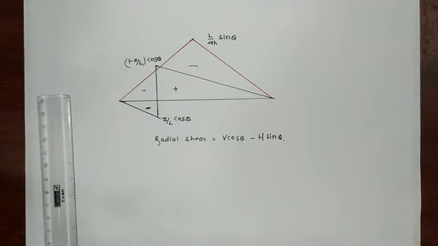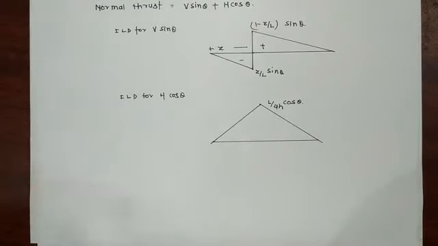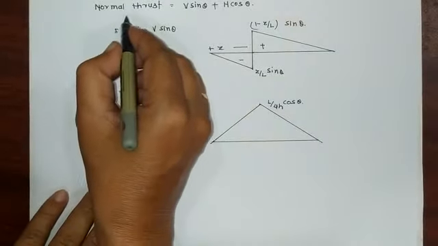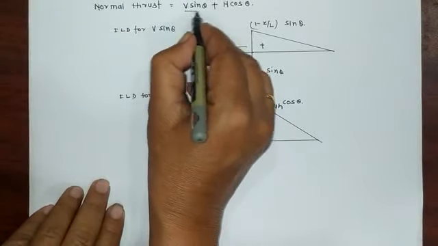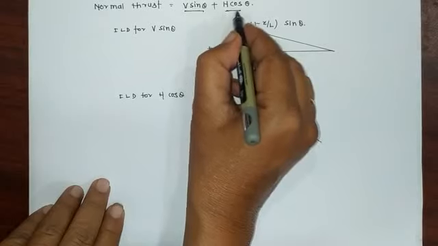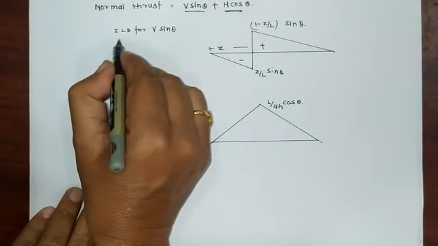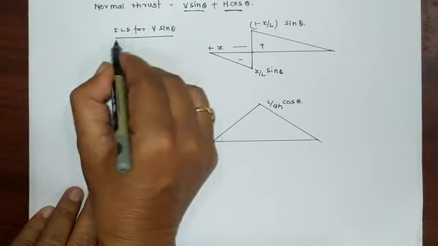Now we plot the ILD for the normal thrust. The formula is V sin theta minus H cos theta. So first we have to draw the ILD for V sin theta.